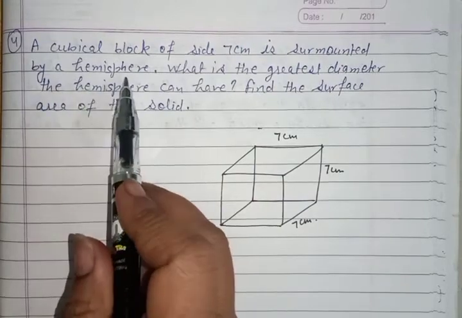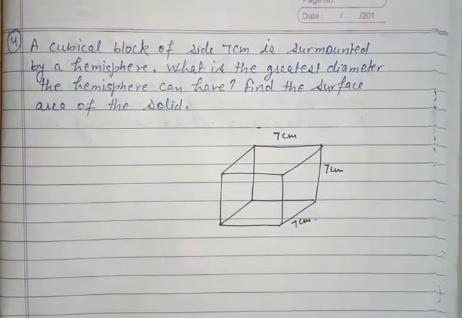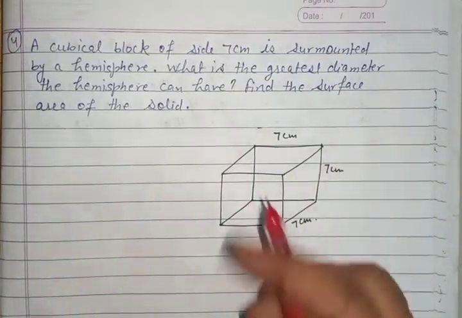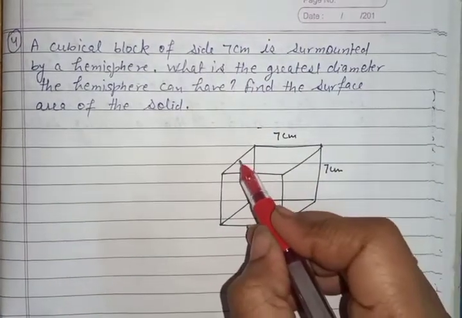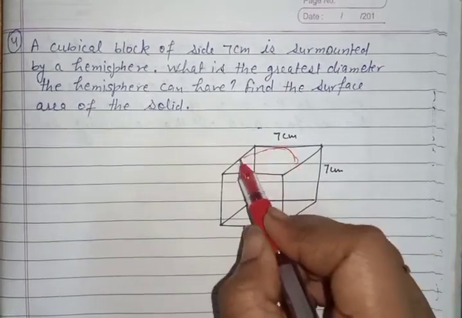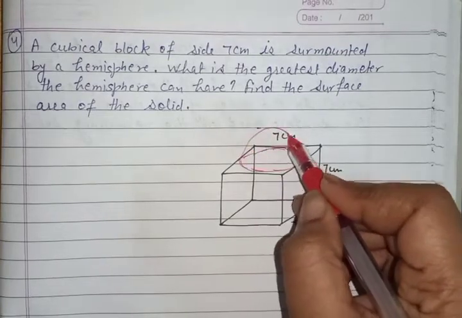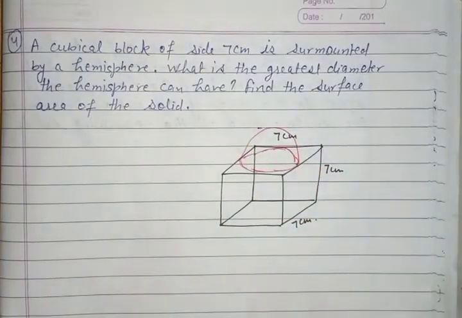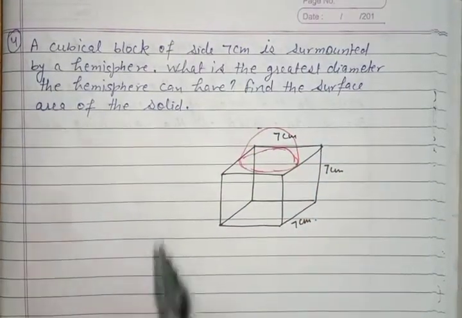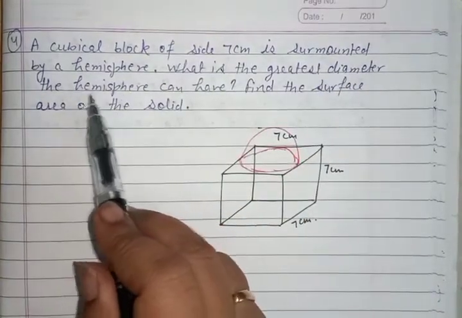Surmounted by a hemisphere. This is the hemisphere that is surmounted. What is the greatest diameter the hemisphere can have?